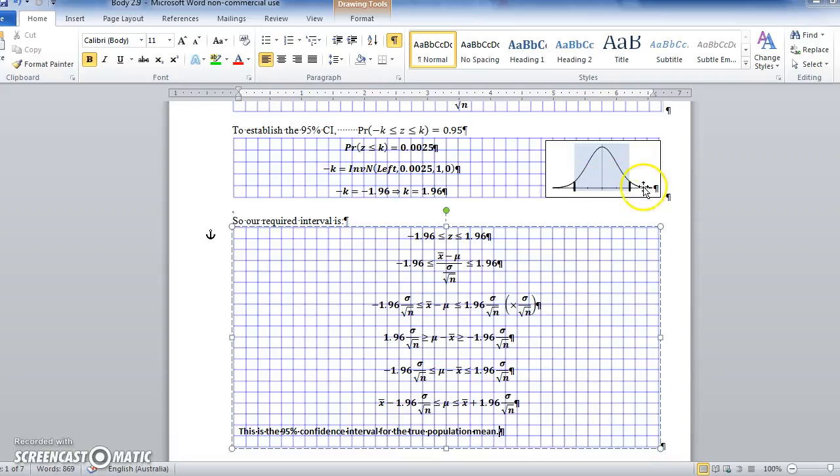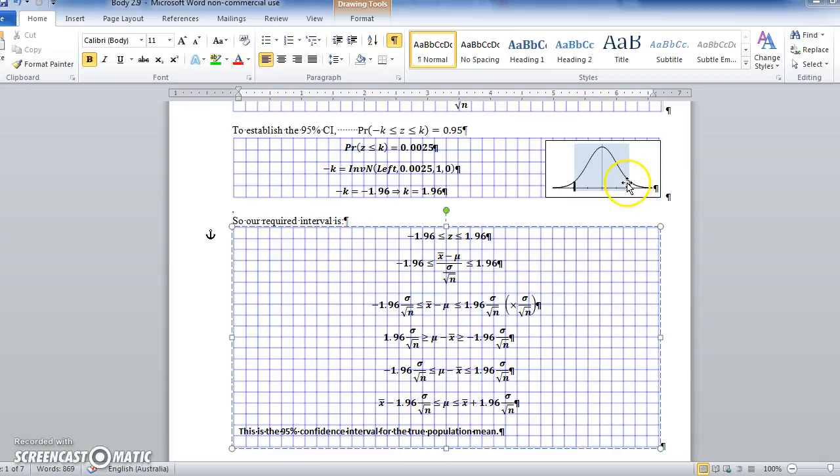This is our 95% confidence interval because we've used the area which gives us 95% of our total population. In between those two there's 95% of our population. So we have a 95% confidence about this interval.